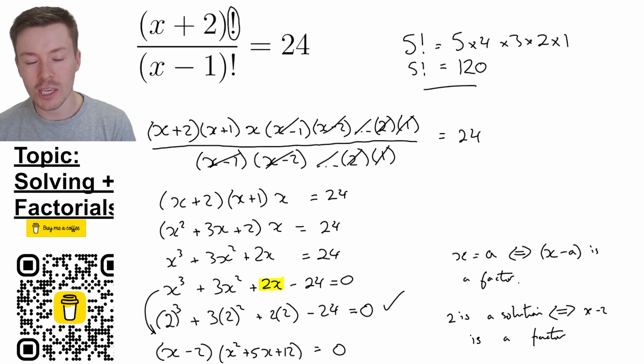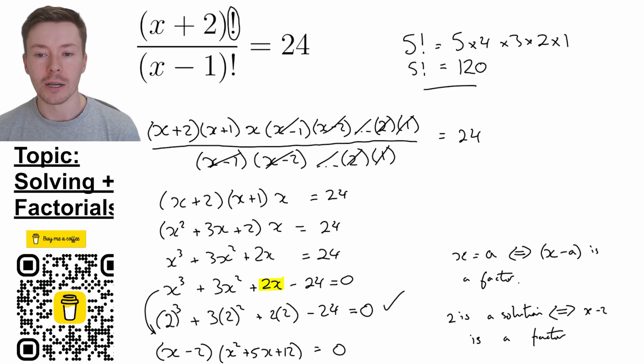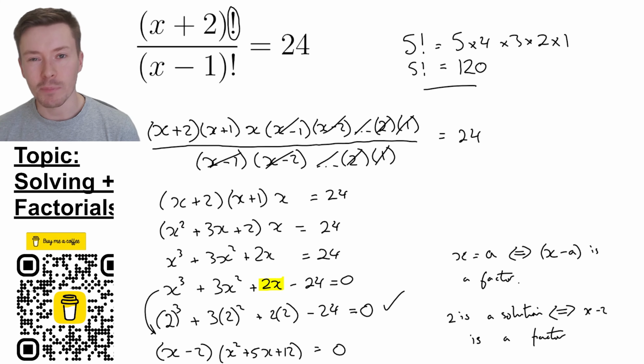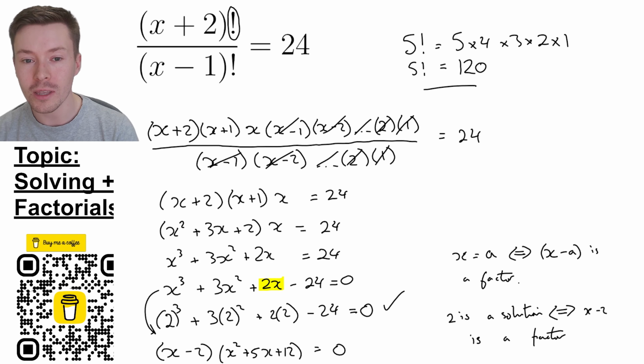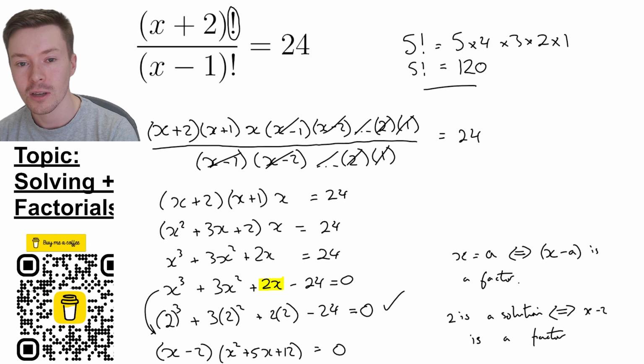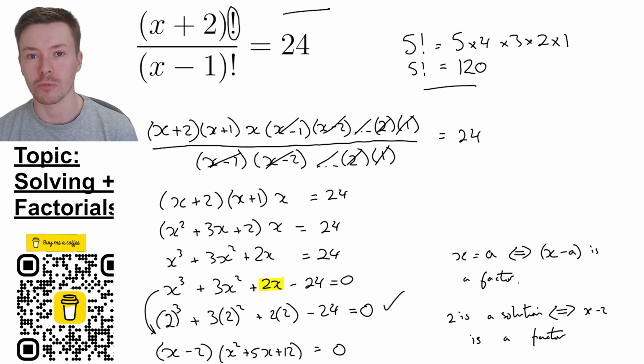Because obviously if we're taking away 1 down to 0, it's going to get a bit messy, a bit impossible, rather, with imaginary numbers. So yeah, factorial is only defined for positive integers. So our only actual solution that would work when we put it back into here is x is equal to 2, but we do have those other imaginary solutions if you work through the problem and find the solutions of the quadratic.